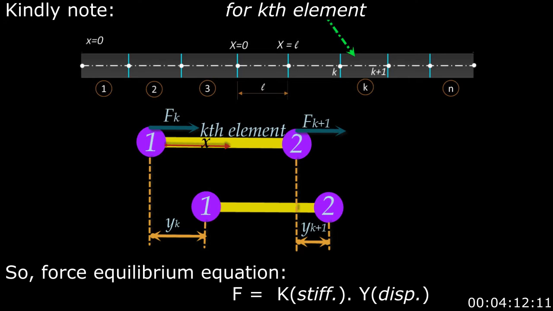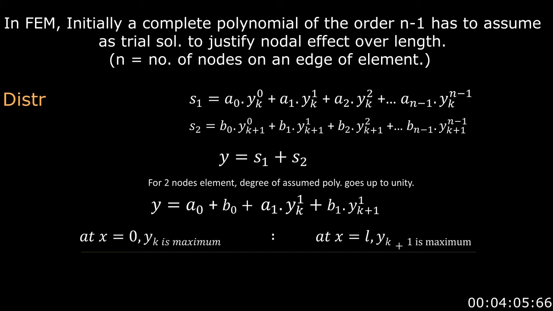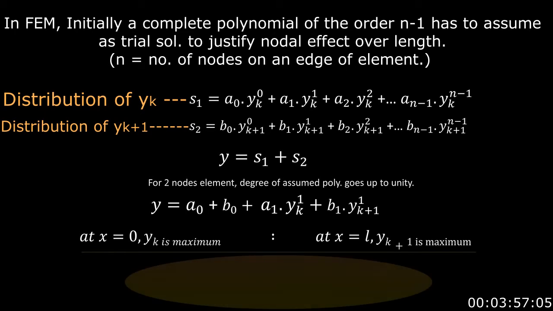So the force equilibrium equation is F equals Ky. In FEM, we assume an initial trial solution which is a complete polynomial of order n-1. The n is the number of nodes on a single edge of an element. As shown in our problem, we have 4 linear elements, each having 2 nodes.